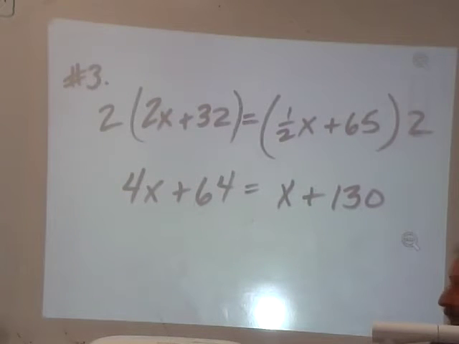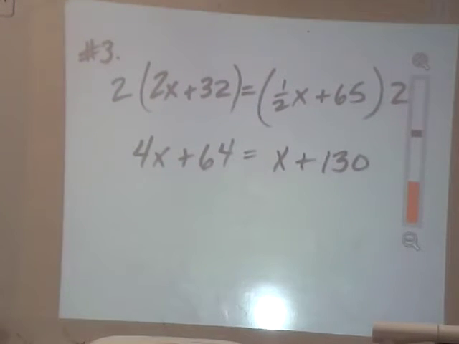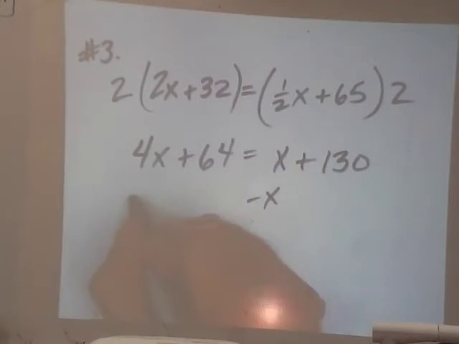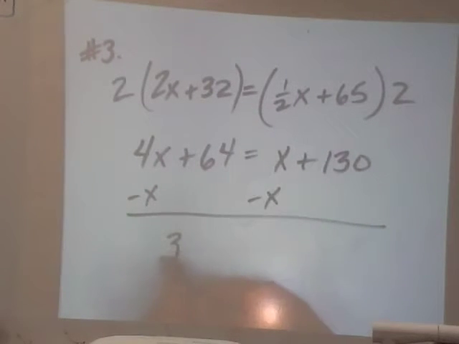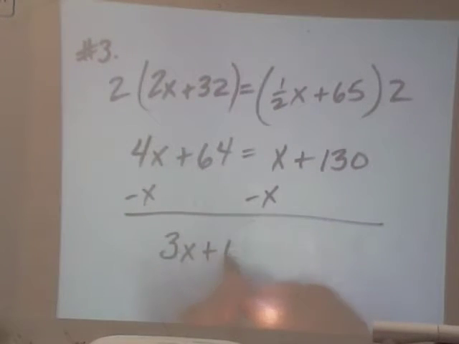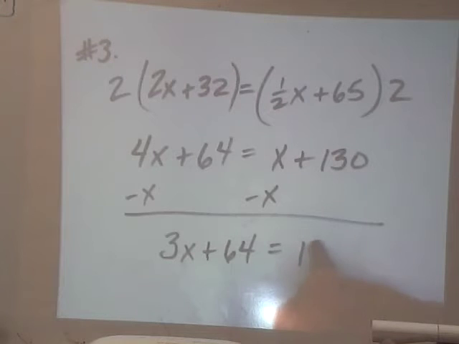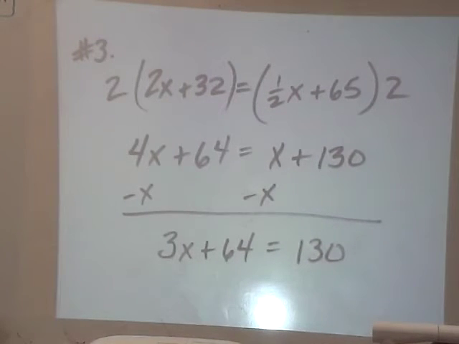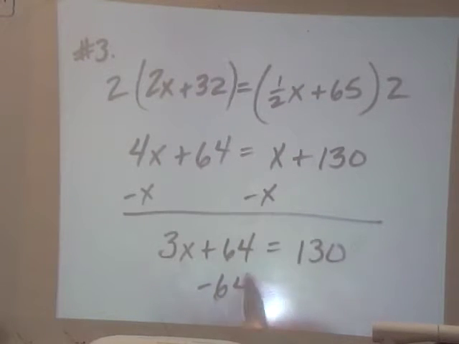Alright, we need to get our x's on the same side. So we'll minus this x over. 3x plus 64 equals 130. Now what? Minus 64 to both sides.